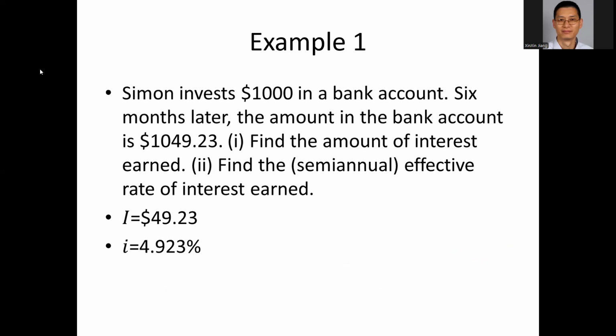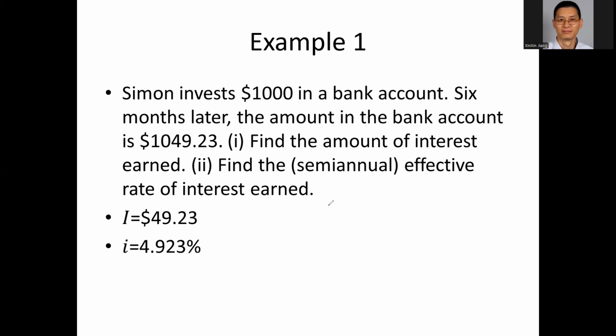Let's look at examples. Simon invests $1,000 in a bank account. 6 months later, the amount in the bank account is $1,049.23. Find the amount of interest earned.